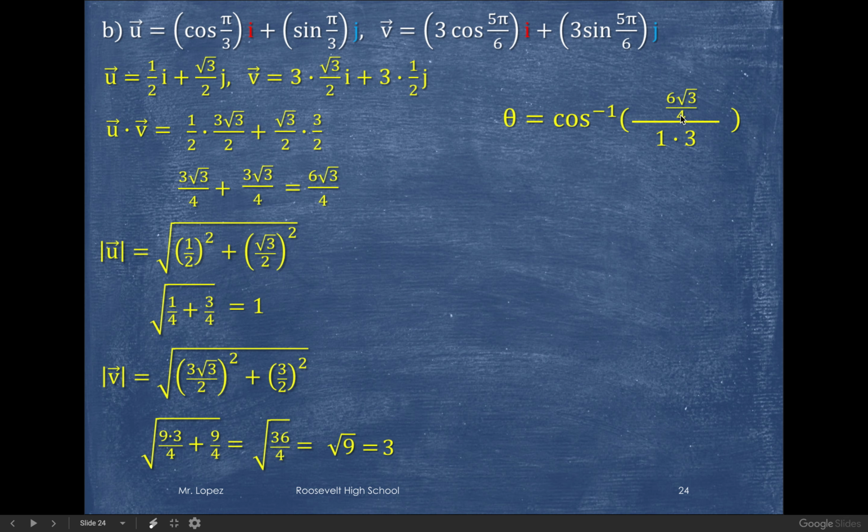It's at the bottom, same as 4, so you multiply those out and put it at the bottom. 12 must be at the bottom, so theta is cosine inverse of 6 radical 3 over 12. Reduce here, so 6 goes into 12 2 times, radical 3 over 2. And the cosine inverse of radical 3 over 2 is pi by 6. And so the angle between these two vectors is pi by 6, or 30 degrees.